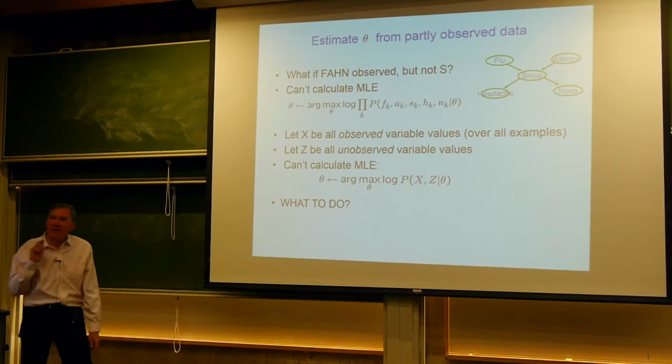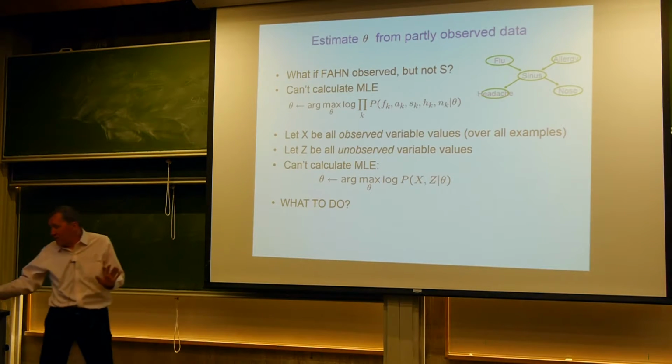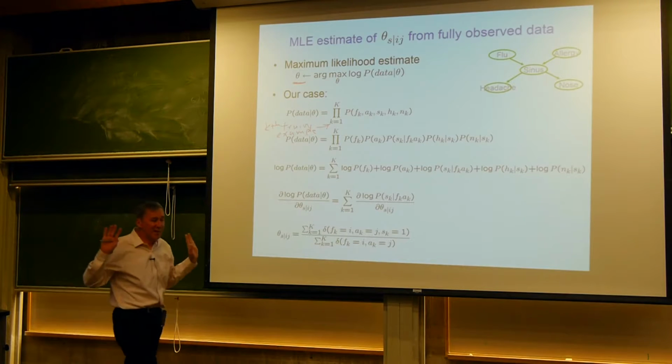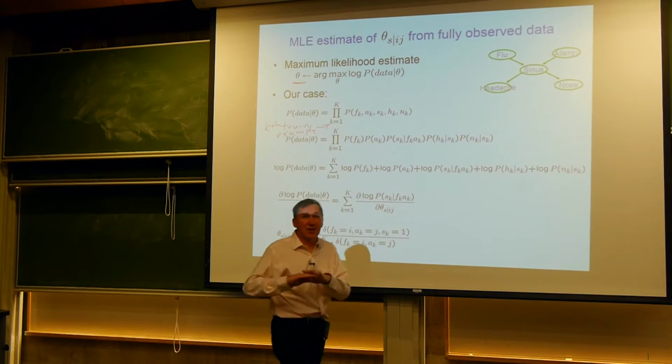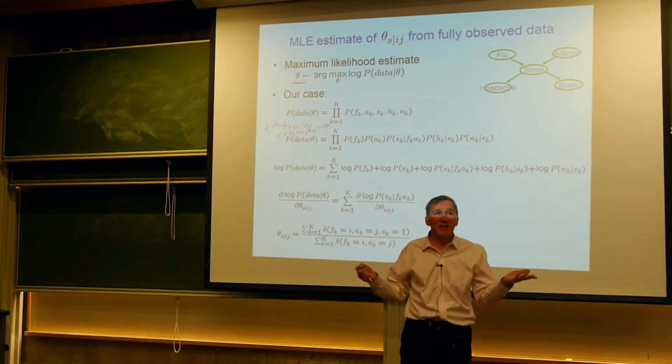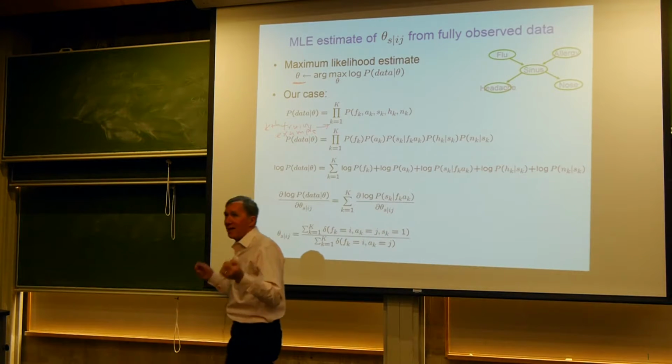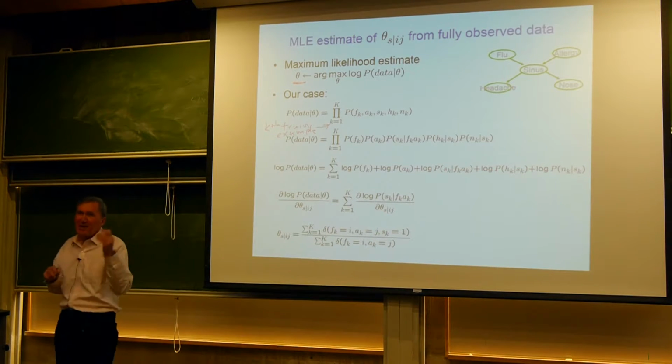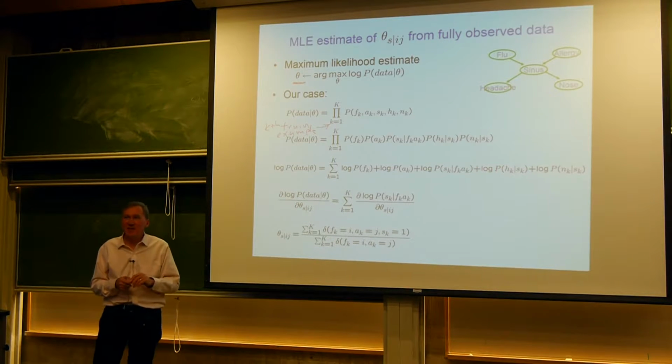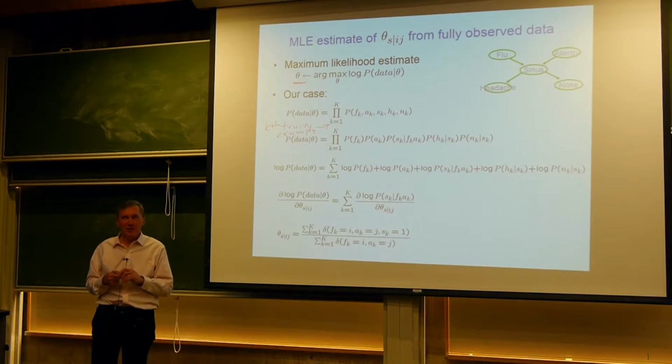Okay, so that is actually the full story on training Bayes nets with known structure and fully observed data. It's as easy as estimating coin flips, or for continuous variables, as easy as estimating continuous distributions.